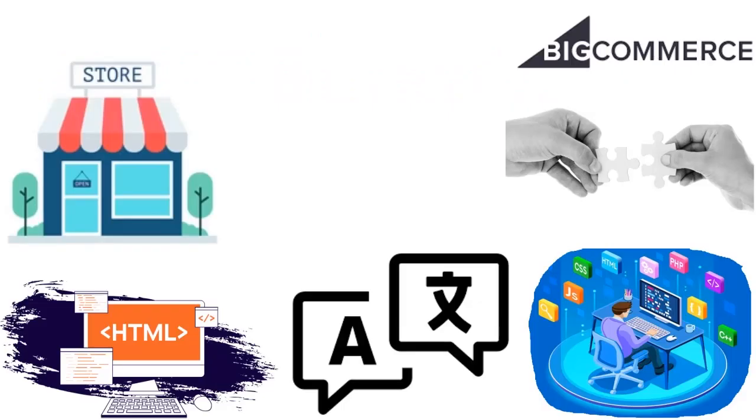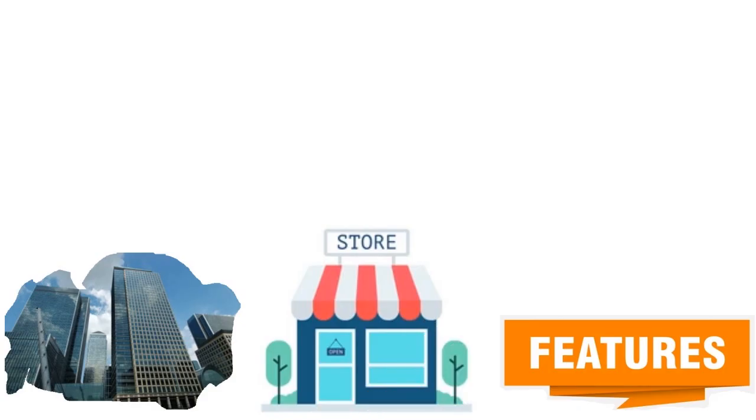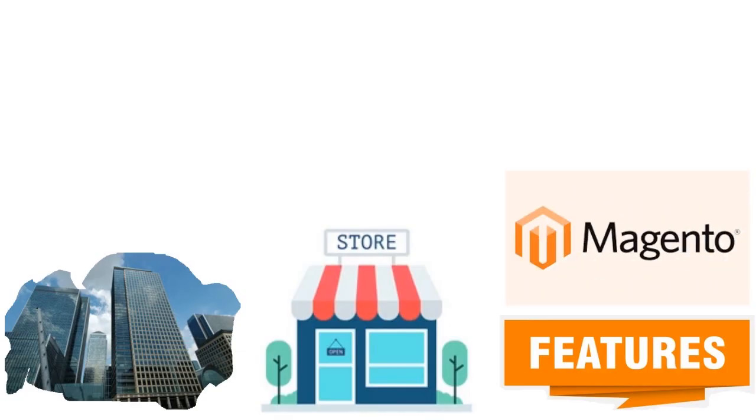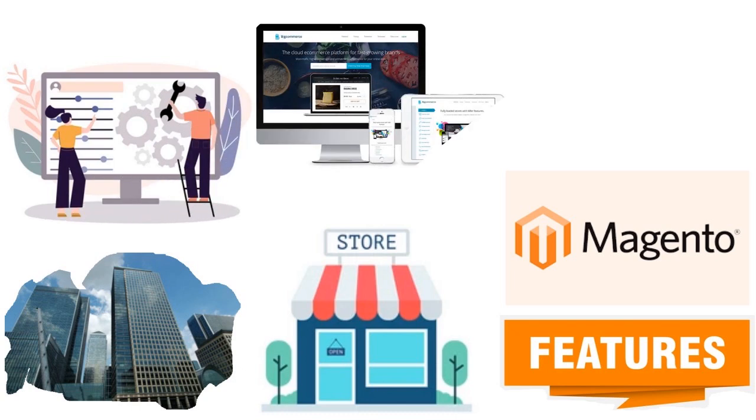But the one thing you need to understand here is that Magento is really popular when it comes to larger enterprises, okay? Because Magento actually offers a larger range of features, including advanced B2B capabilities and the ability to support multiple stores from one admin panel. That's what you want too, if you are in that category. And Magento slash Adobe Commerce is also better suited for businesses that need customizations or integrations with existing systems, something BigCommerce cannot do as easily.